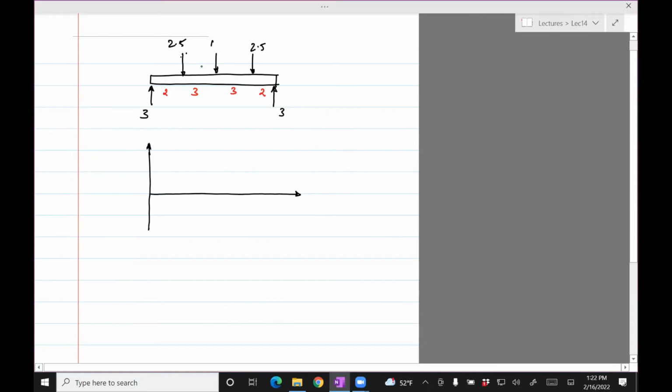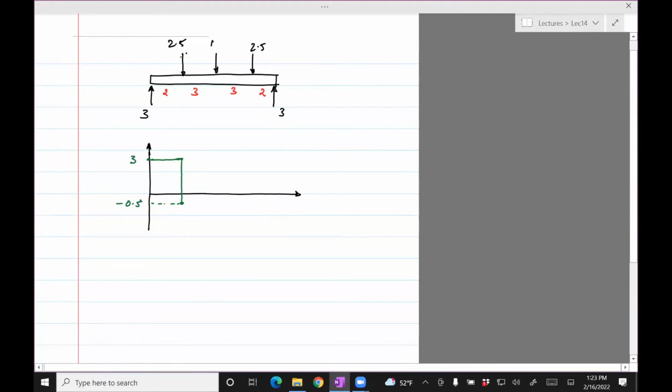Okay, we have a force of 3 upwards, so 3 is here. Then it will remain constant till we hit the 2.5. So it'll be 3 upwards, 2.5 downwards. So 3 minus 2.5 is 0.5.